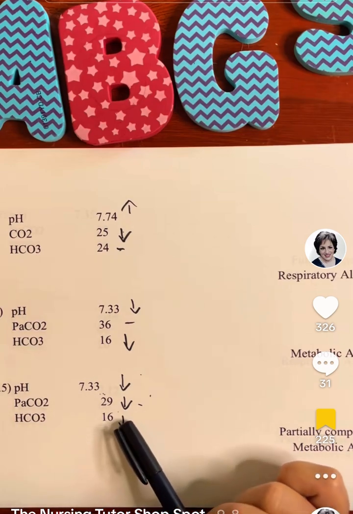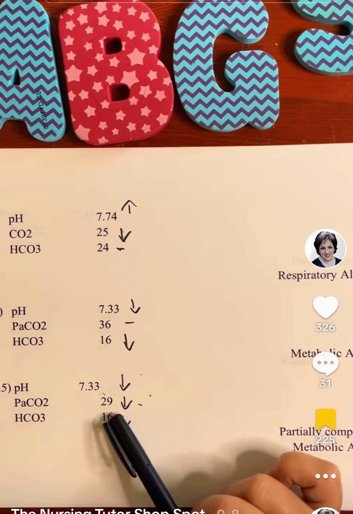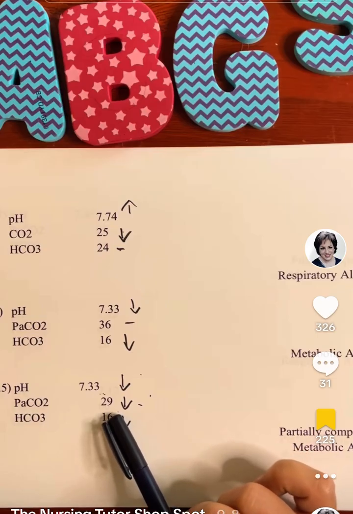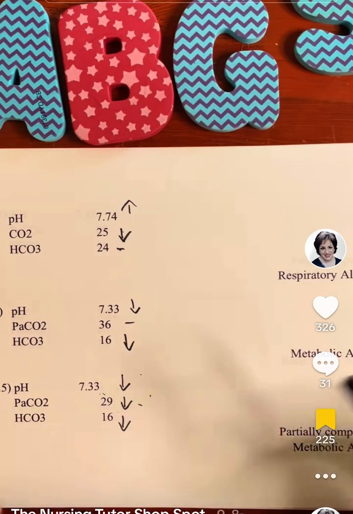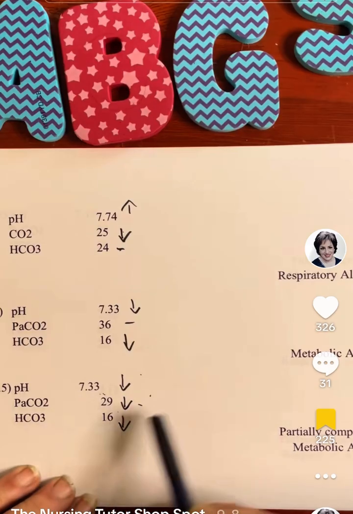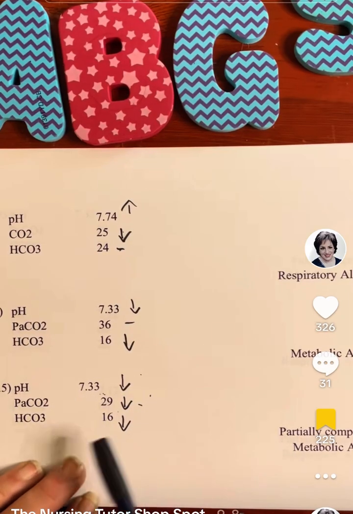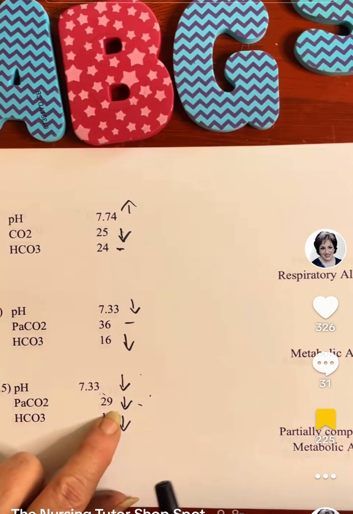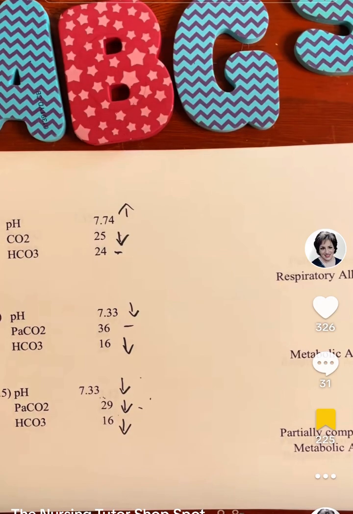They are hyperventilating. The lungs have started breathing deeper and faster to try to get rid of some of that CO2, because the two things that control your pH are the lungs and the kidneys. The lungs are quick to respond, but if the CO2 is low, then they are hyperventilating.